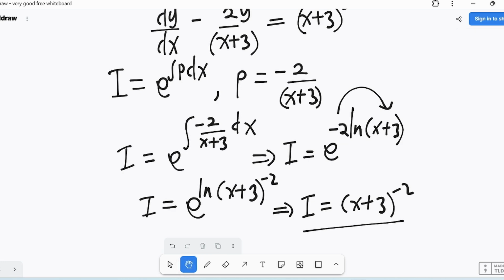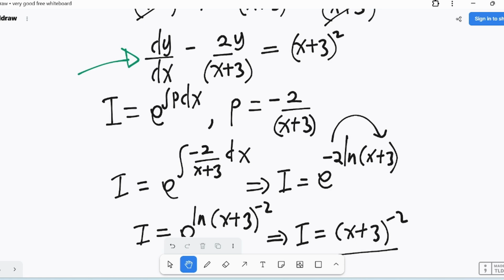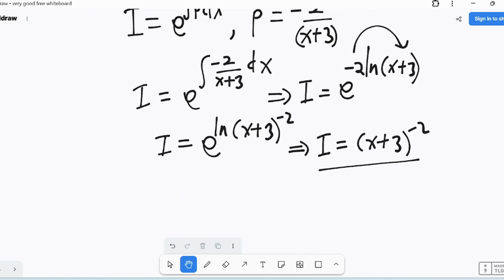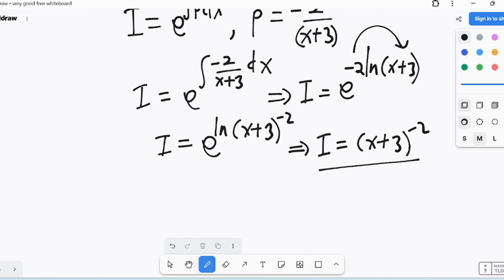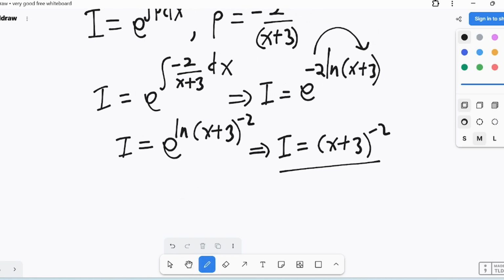Now the next thing is to multiply it throughout. Where are we multiplying the integrating factor? We are multiplying the integrating factor here throughout. Our integrating factor is actually 1 out of (x + 3)^2.